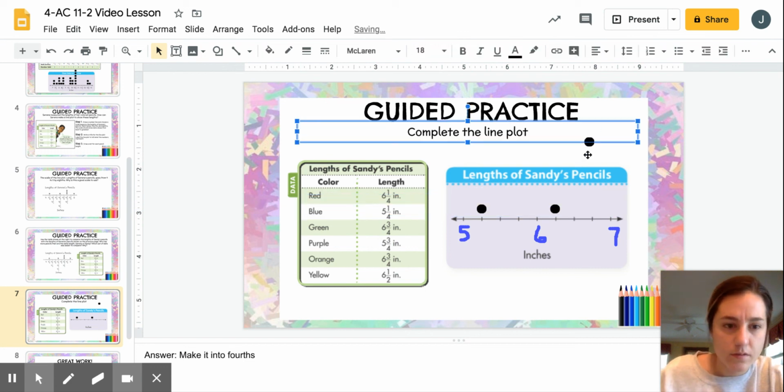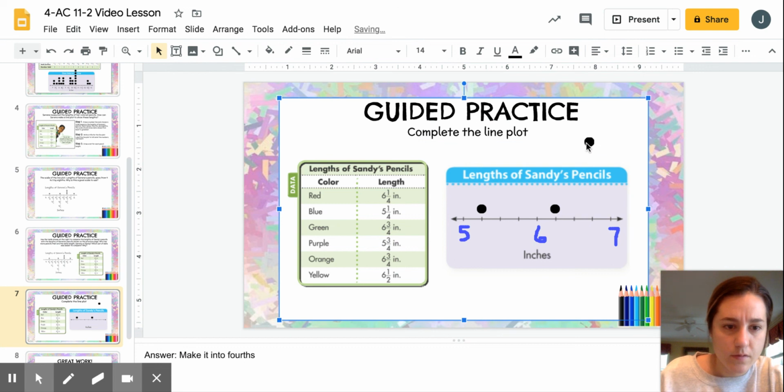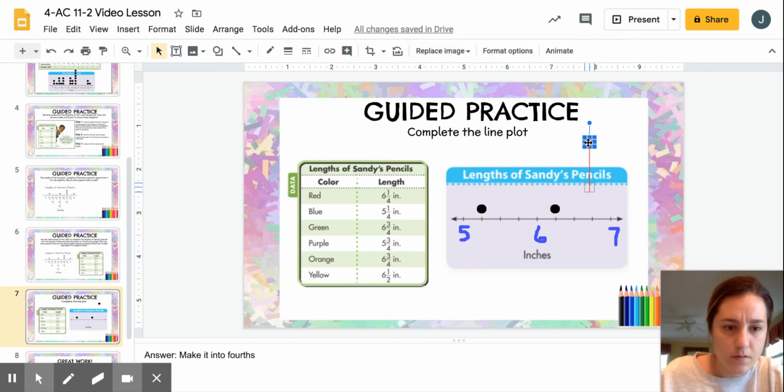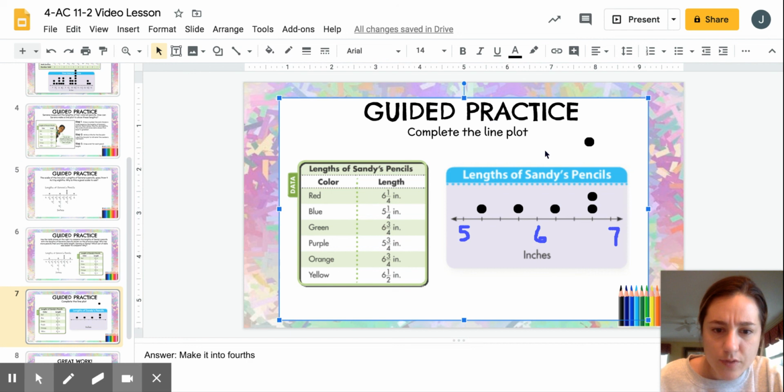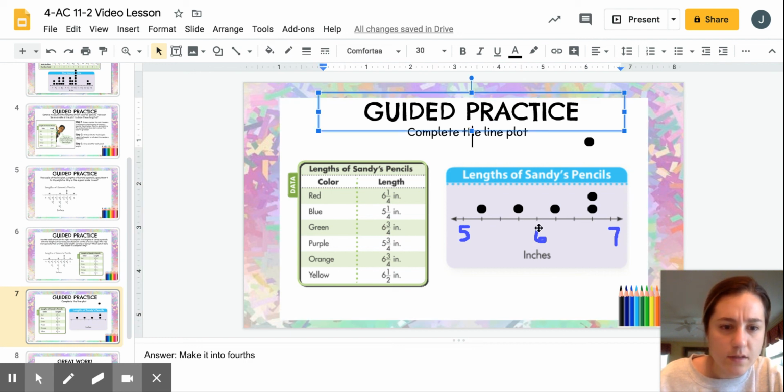Whoops. 5 and 3/4. 1/4, 2/4, 3/4. 6 and 3/4 again. And 6 and 1/2. So 6 and 1/2 is really equivalent to 6 and 2/4.